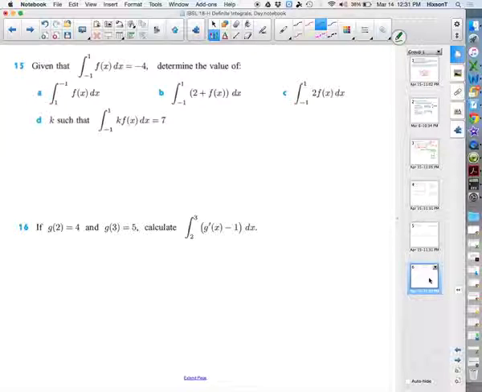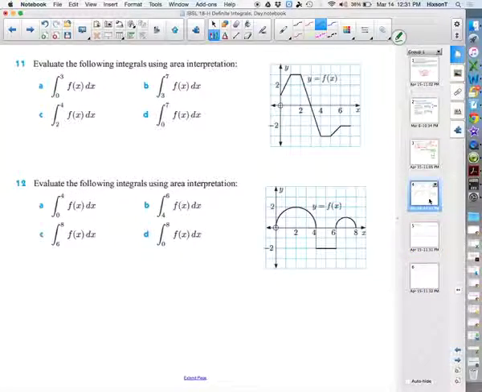I don't remember. No. There will be some in the future where you have to find the 0 and divide up the interval from 0 to 3 and then from 3 to 7 and use the absolute value of this area to find the total area bound rather than a net area.